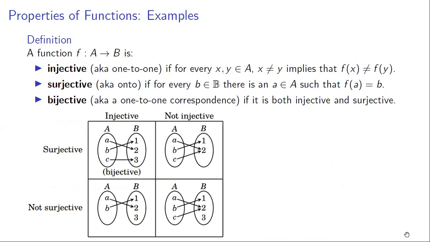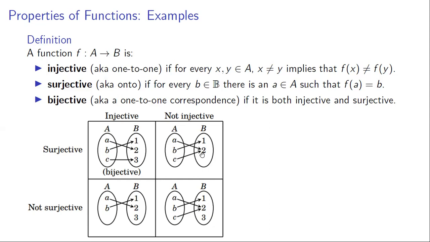So here, this is from the book, a nice little diagram showing 4 different examples. So let's take a look at this top right. So this function is not injective. Why is it not injective?